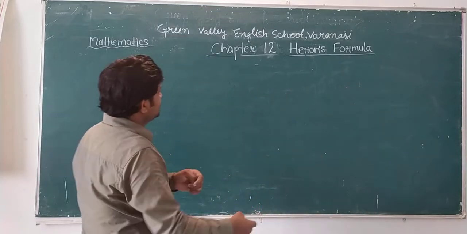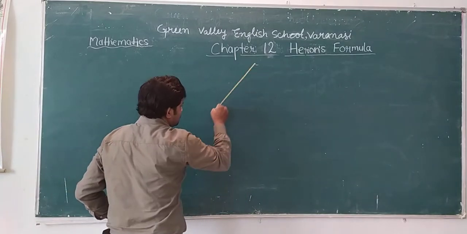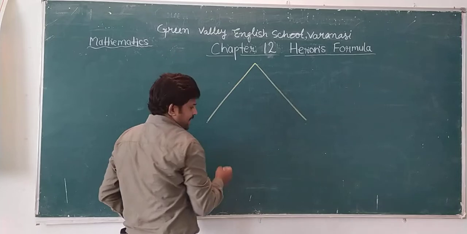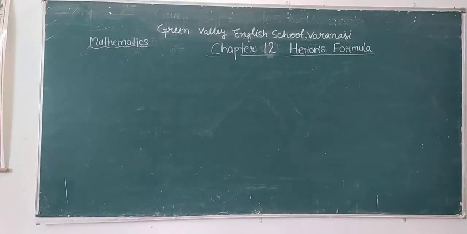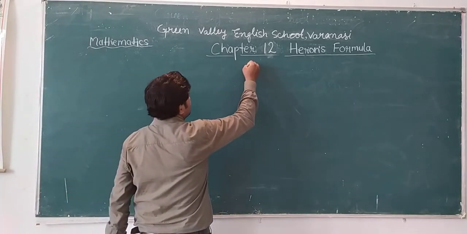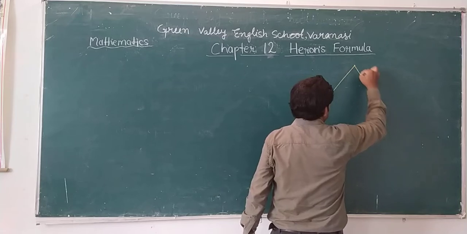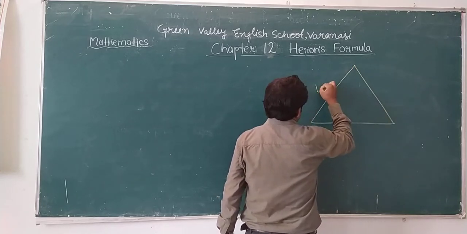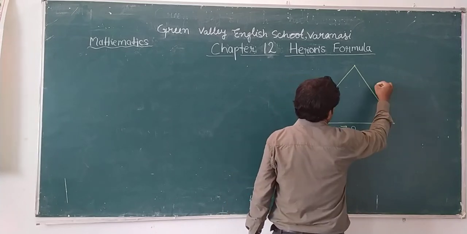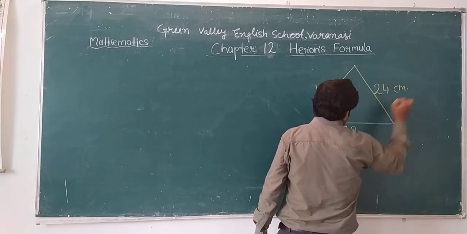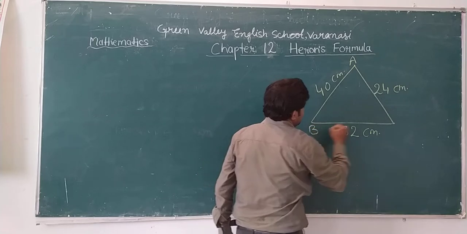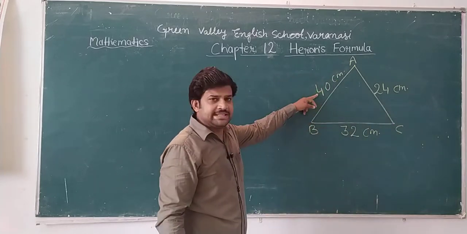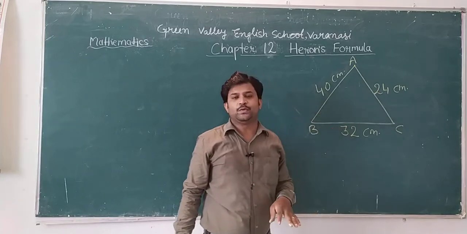Suppose we have a triangle according to the question. The triangle is ABC, and the sides are 40 centimeter, 32 centimeter and 24 centimeter.